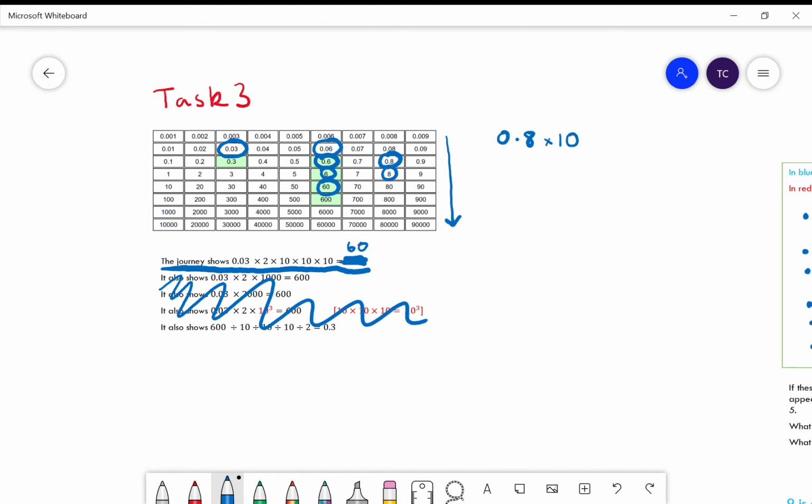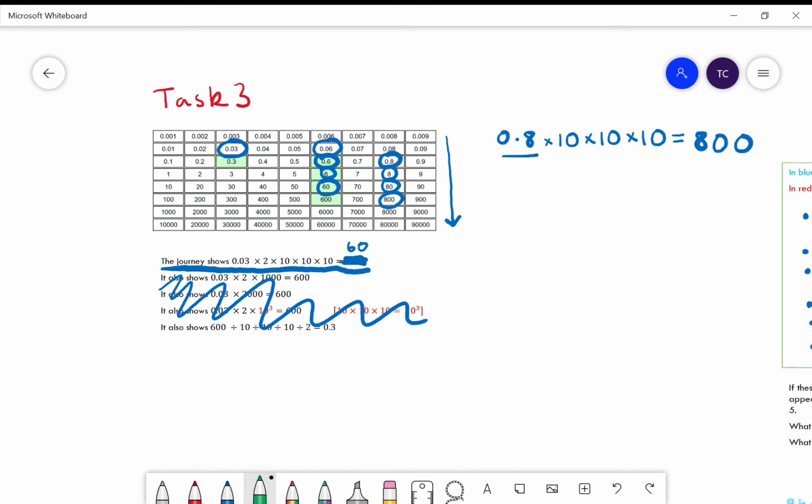I'll multiply by 10, that gives me the 8. If I multiply by 10 again, that gives me this 80. And let's multiply by 10 again, and that gives me 800. So if I do 0.8 times 10 times 10 times 10, that gives me 800.